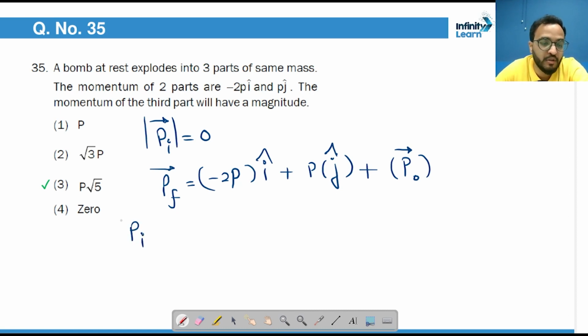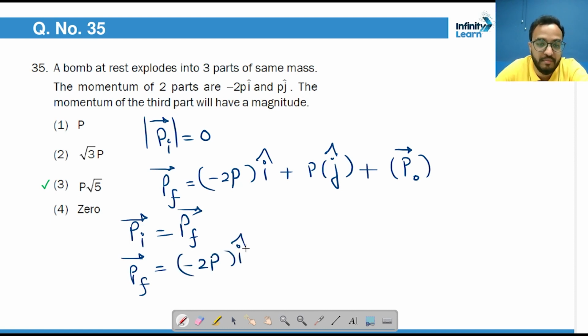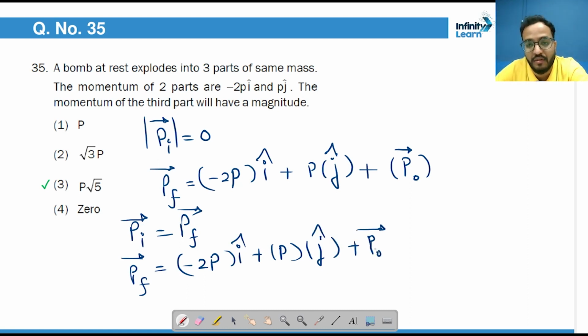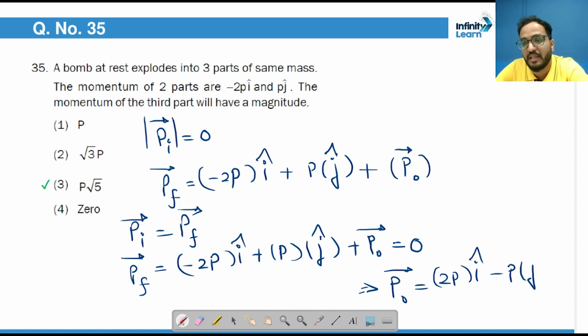Initial and final momentum will be equal, and initial momentum is 0, so final momentum will be a null vector, right? So minus 2p i cap plus p j cap plus vector p naught must be 0. So vector p naught will be equal to 2p i cap minus p j cap, right?